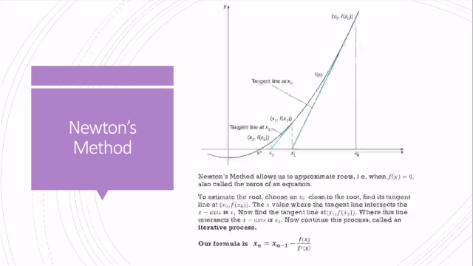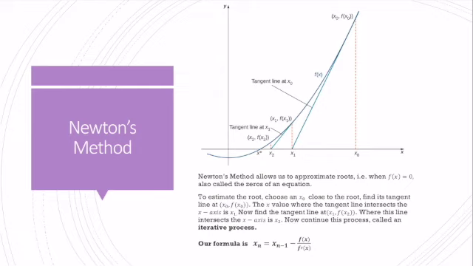So what we have is Newton's method, which allows us to approximate roots. To estimate the roots, we choose an x sub 0 close to the root, and we find the tangent line at x sub 0. That's going to give us where the tangent line intersects the x-axis, which we call x sub 1.